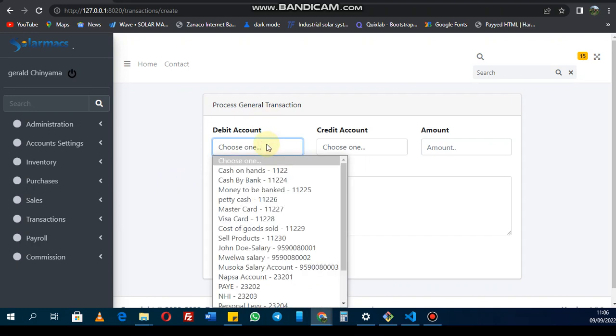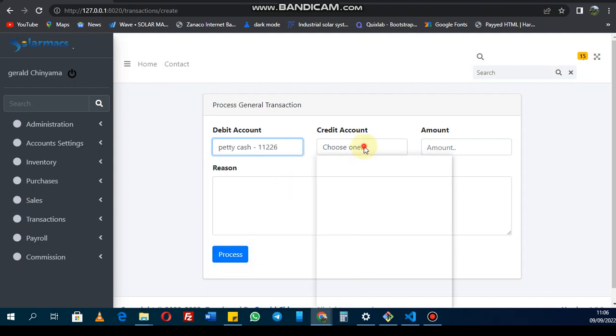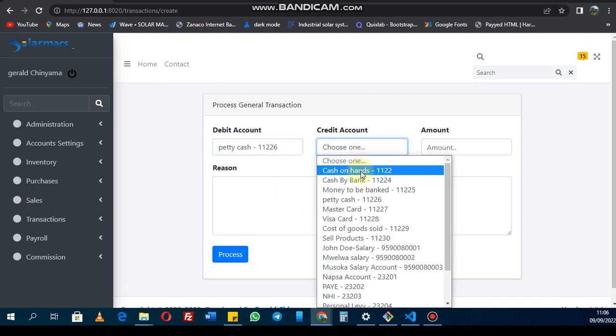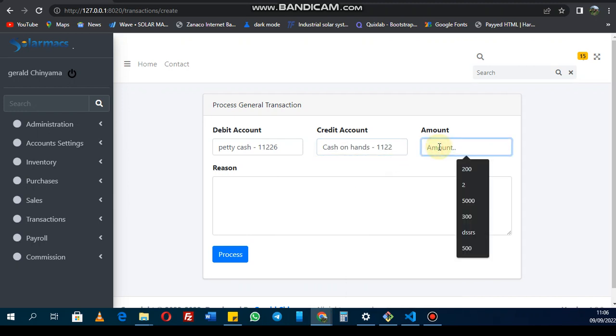For example, we can say we're going to debit this account. Maybe we are going to debit our petty cash and then credit our cash on hand, like that. That is when you have money in your petty cash and you want to withdraw it so that you can use it for things during the day. Maybe we can say the amount is 1,000.